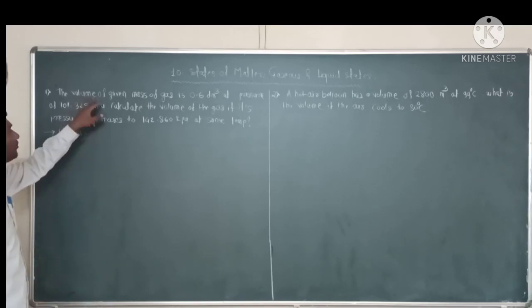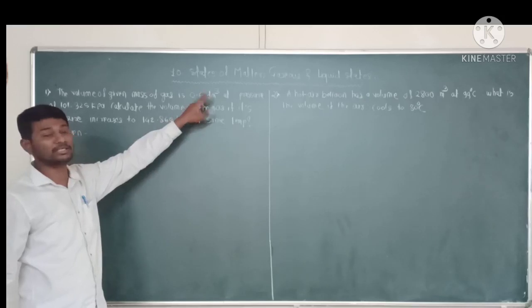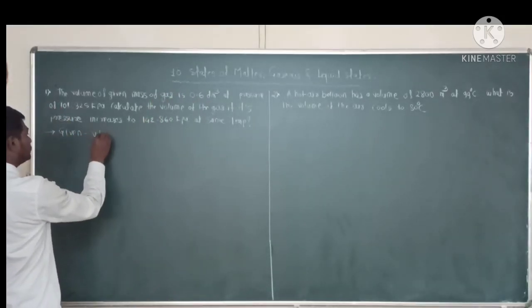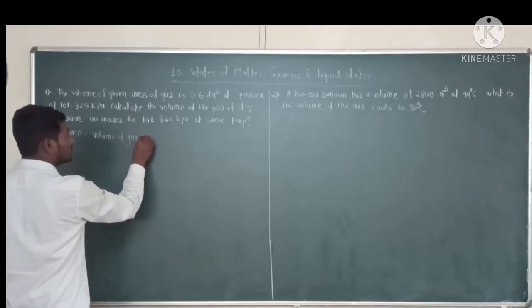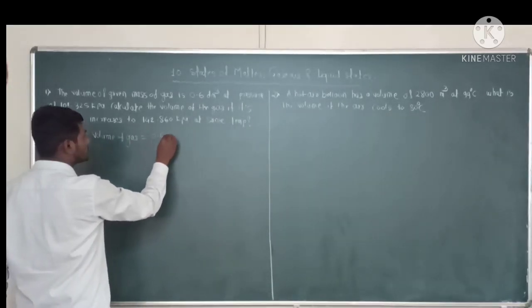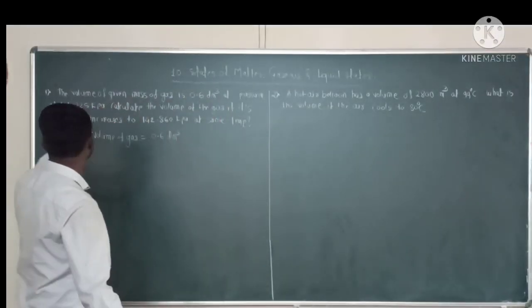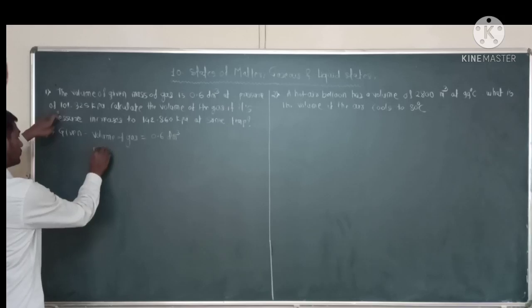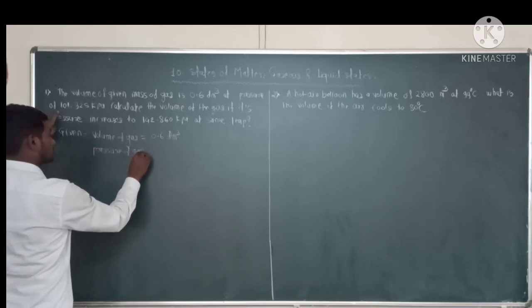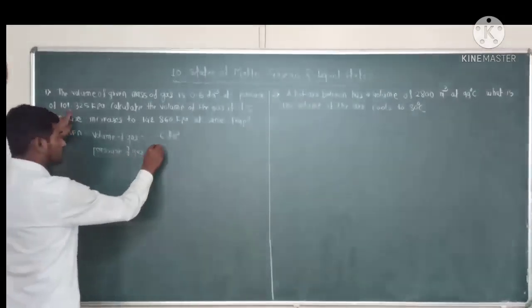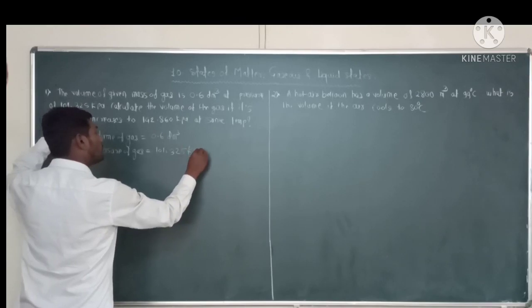Now the volume of a given mass of a gas is 0.6 decimeter cube, at a pressure of 101.325 kilopascal.